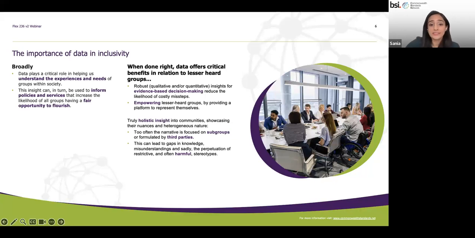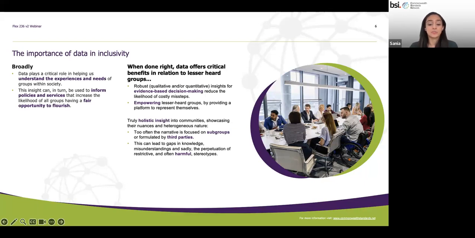So when done right, and often it isn't done right, which is what we'll look at, and it can make things worse, but when done right, data offers critical benefits to lesser heard groups because it does provide that evidence for decision making that otherwise may not be there, which could lead to costly missteps, errors, or decisions being made which are actually not effective and they're not meeting people's needs, again, which is at the heart of what we're doing here. Like I mentioned, it offers a platform for people to be able to represent their own stories.